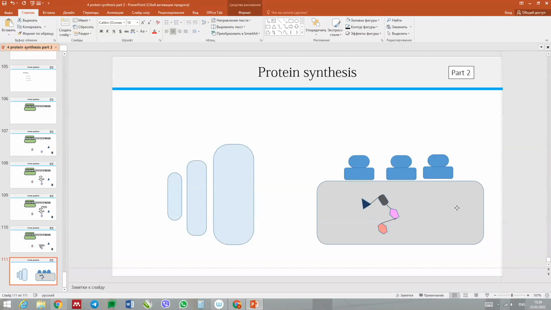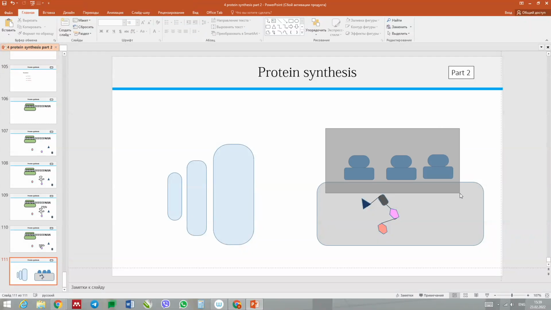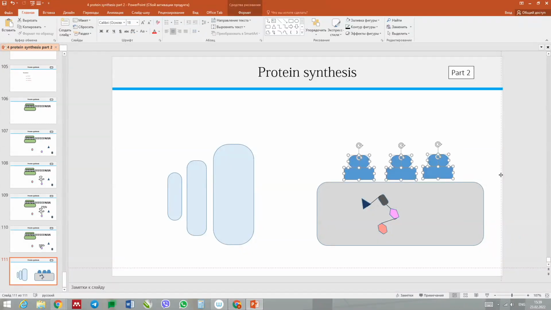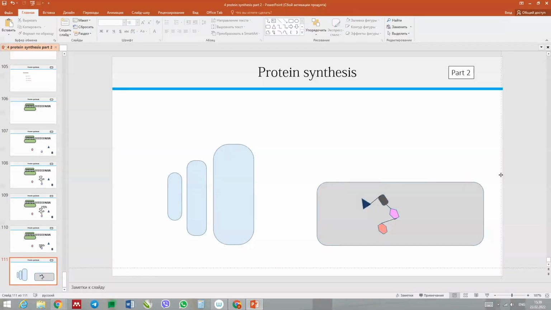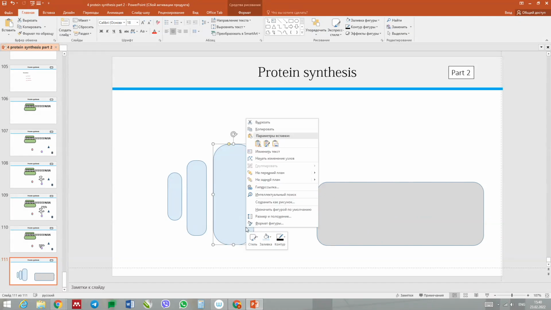That's why this structure, endoplasmatic reticulum, that is associated with ribosomes and involved in protein synthesis, is called granular endoplasmatic reticulum, in contrast to smooth or agranular that is not associated with ribosomes. So this protein will be transferred from endoplasmatic reticulum inside of the complex Golgi.